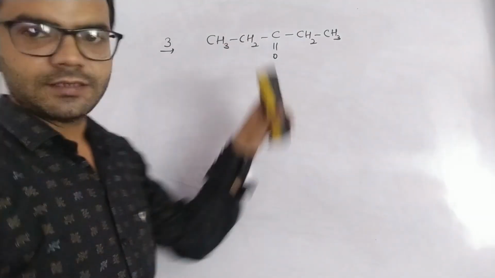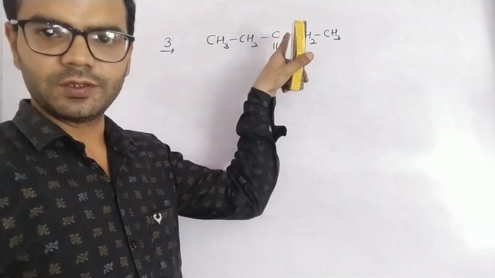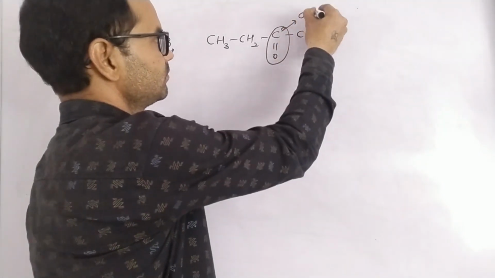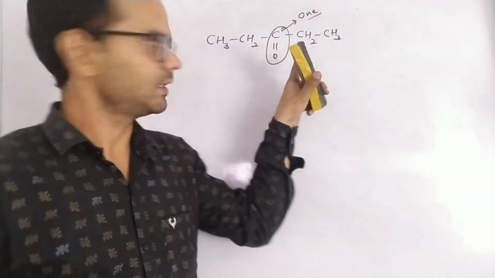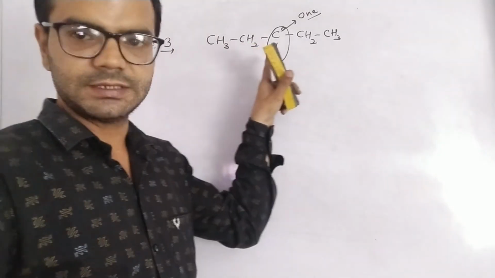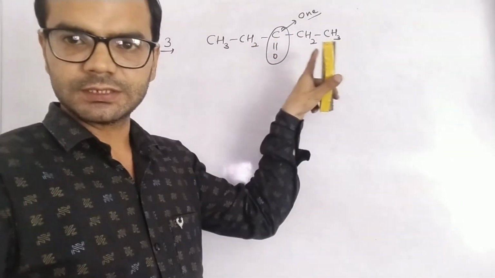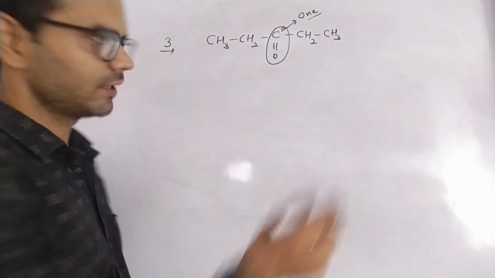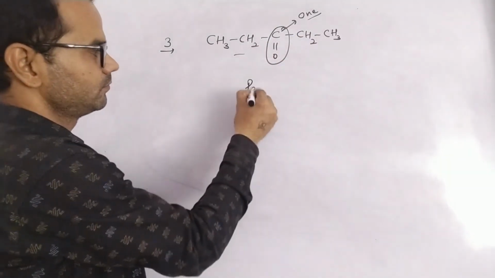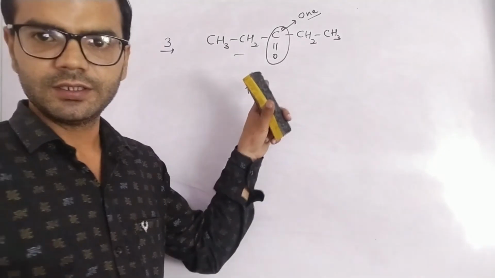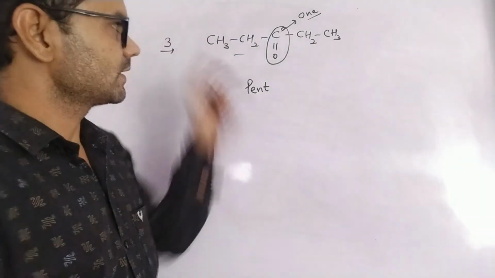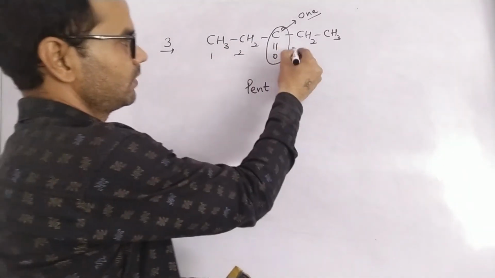Now we can see there is a functional group C double bond O. This is ketone and its suffix is one. This group will always be present in the middle. It can't be present at a terminal position. So just count the carbons. I think 5 carbons. For 5 carbons we use the word pent. If we give numbers to this carbon, counting from this side, the number is 3.